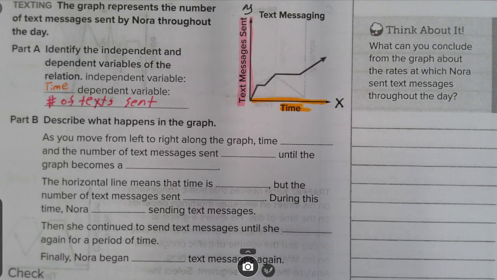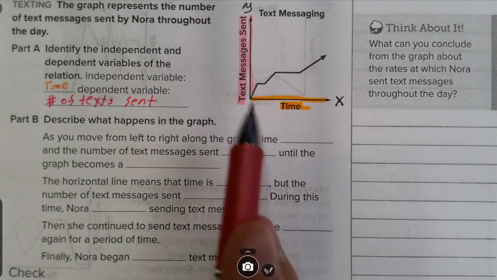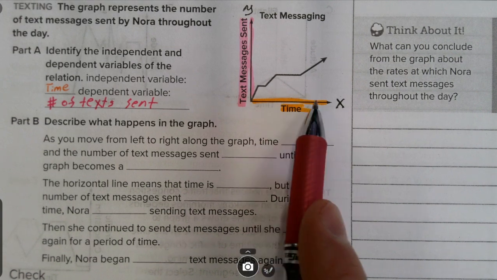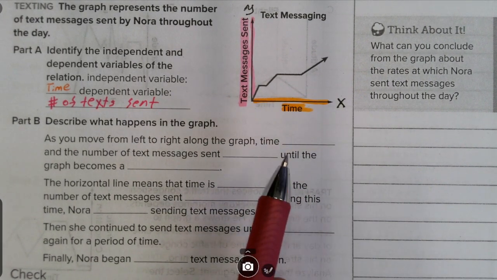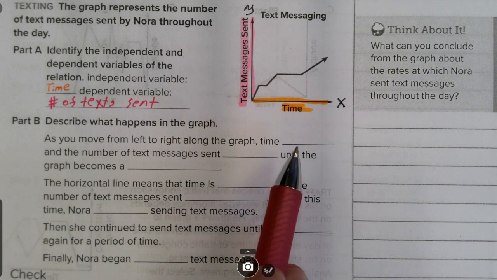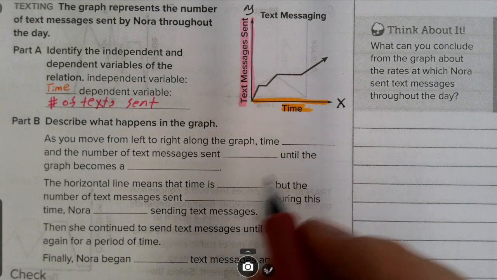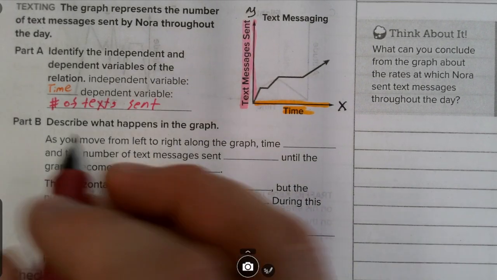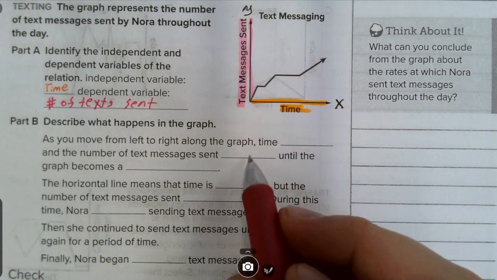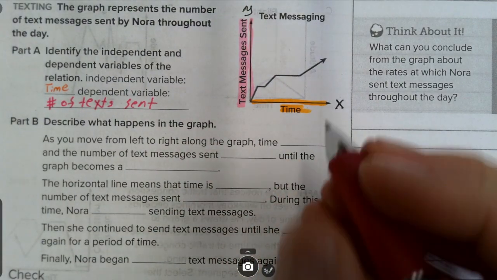As you move from left to right along the graph. And what this means is as our x value increases, time, what happens here. And what's going to happen is as we move from left to right, time is going to increase.